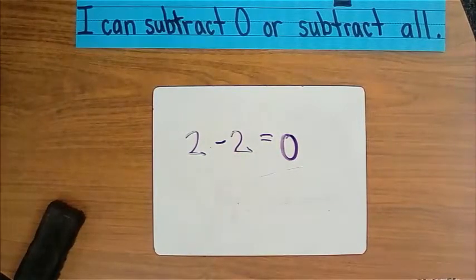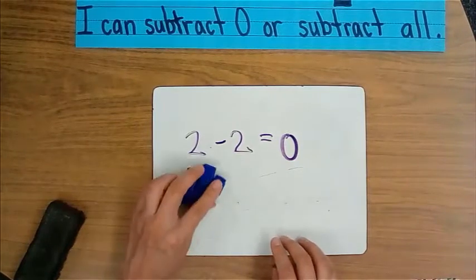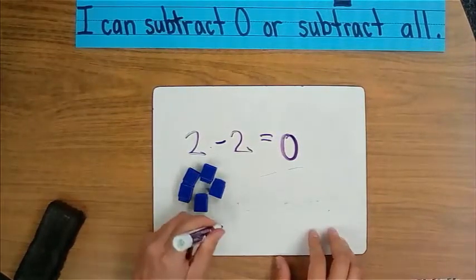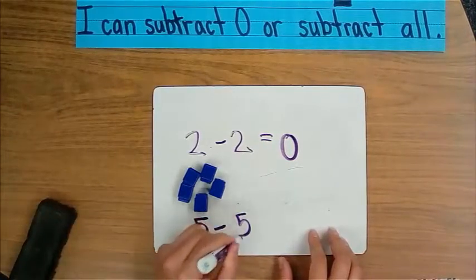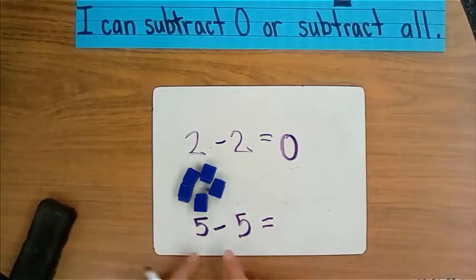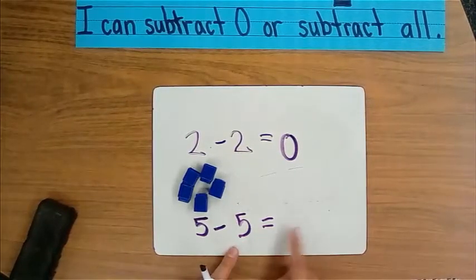So let me see if that pattern is correct. I'm going to try a different number. I'm going to try 5 this time. So if I have 5 blocks and I take away 5, well, I was saying that if I have a number and I take away the same number, it ends up with 0.